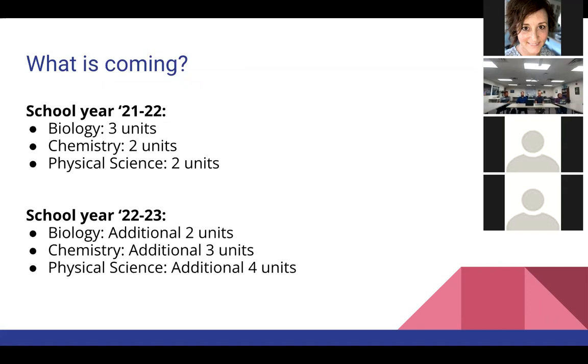Going into next year, the 22-23 school year, biology will add 2 more, for a total of 5 for the whole year. Chemistry will have 5 over the whole year, and physical science will actually have 6 for their whole year, as we get trained and adopt that whole curriculum.